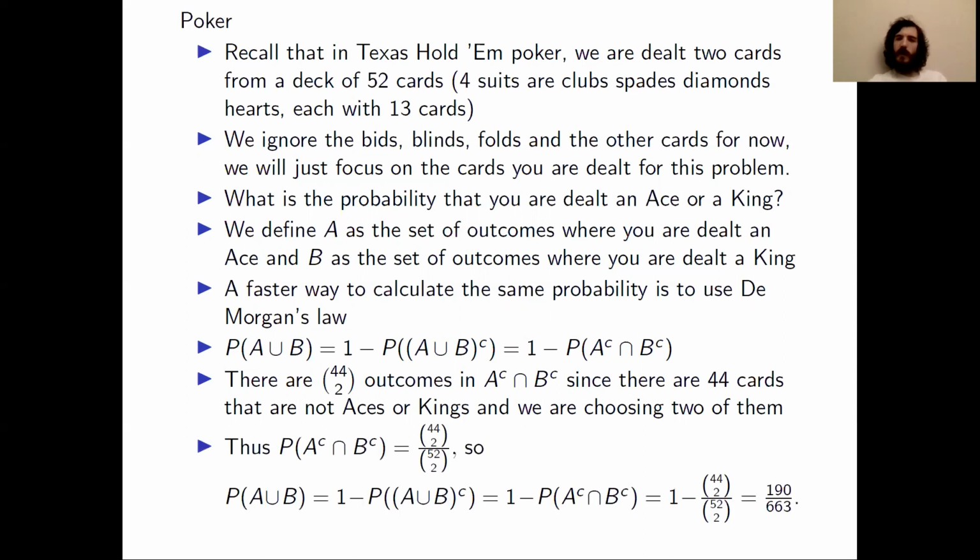So, by definition, the probability of A complement intersect B complement is just 44 choose 2 over 52 choose 2, which implies that the probability of A union B is equal to 1 minus 44 choose 2 over 52 choose 2, and again we get 190 over 663. So we got the same answer 2 different ways, which is good.